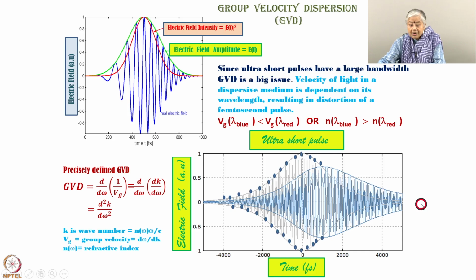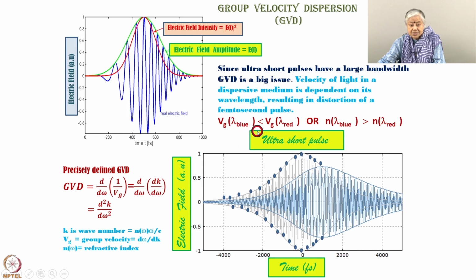So, n blue, the refractive index for the blue light, is larger. It presents a larger refractive index to the blue light and a smaller refractive index to the red light. Obviously, if the refractive index changes, the velocity of that light also changes. These are complementary to each other.